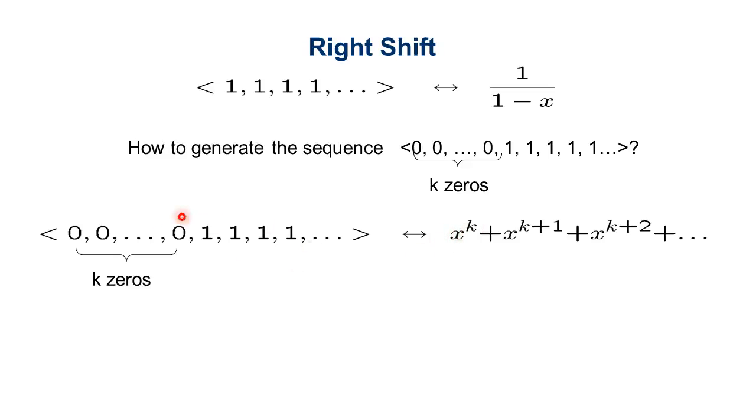That means the coefficient of x to the power k is 1, and the coefficient of x to the power k plus 1 is 1, and so on. And the rest of the terms have a coefficient 0. Therefore, x to the power k into 1 plus x plus x square, etc. This becomes x to the power k divided by 1 minus x.